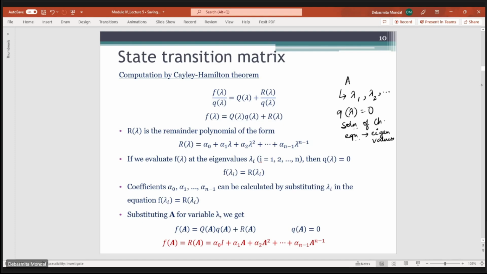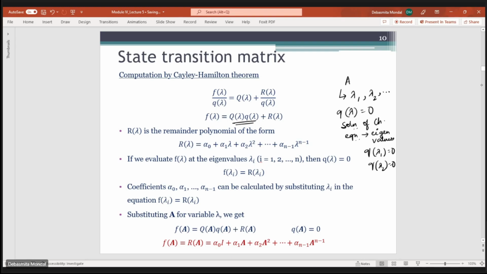That means q of lambda 1 is equal to 0, q of lambda 2 is equal to 0, and similarly q of lambda n is equal to 0. So this term becomes 0, and f of lambda will be equal to r of lambda, provided the lambda values are the eigenvalues of matrix A. So you can write f of lambda i equals r of lambda i.